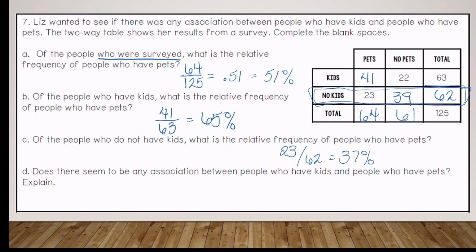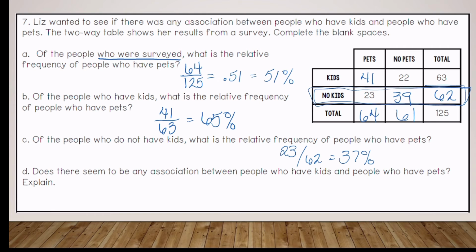So here's a better look at things because we're able to compare. On the last one, we didn't find all those pieces. We found some of them. But if we look at this, we know of all the people surveyed, 51% have pets. When we break that percentage down, 65% had kids, 37% did not.